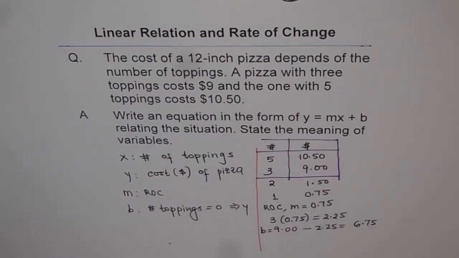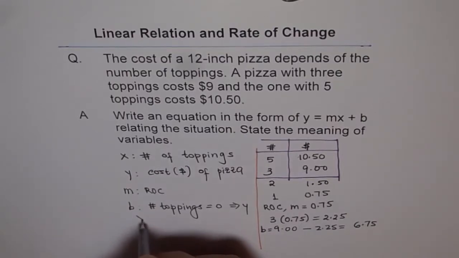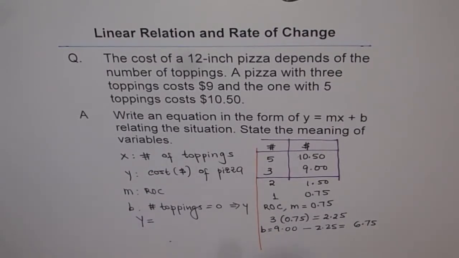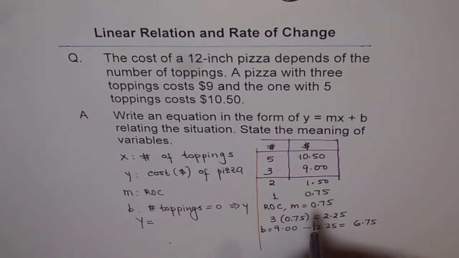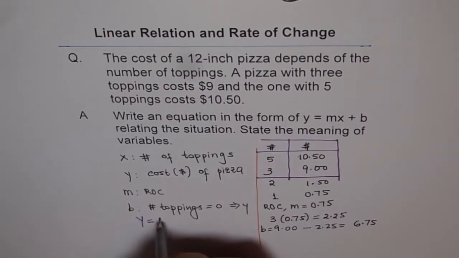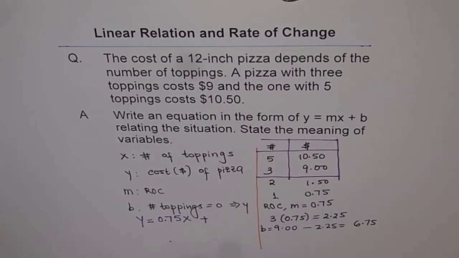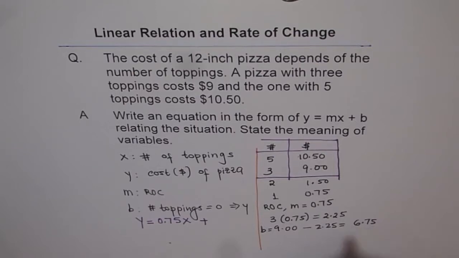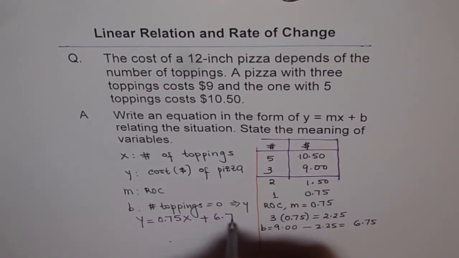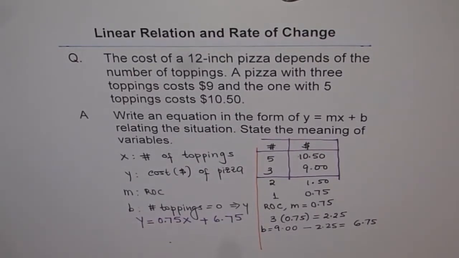So our equation now becomes y equals the rate of change, the cost of each topping, which is 75 cents, so 0.75x + 6.75. Correct? So that is how we get our equation.